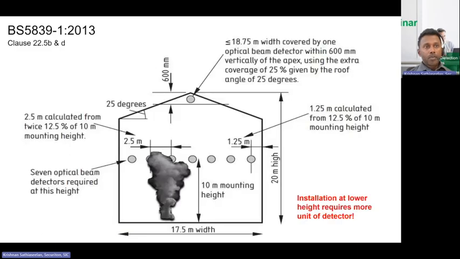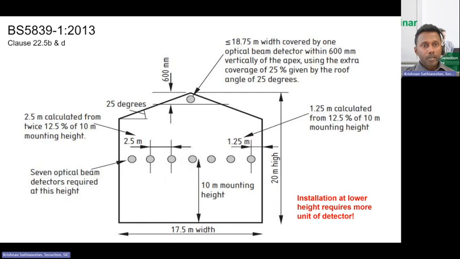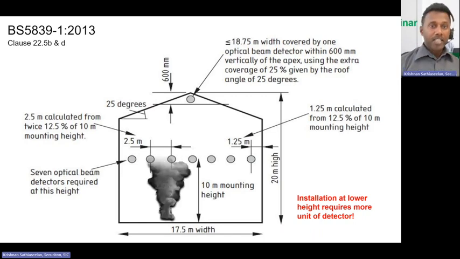Now, if you look into another clause from BS 5839, it also mentions how you install when you have insulation height to be considered. When you have installation at lower heights required for units of detectors, then this shall be used as a calculation, whereby they clearly mention the height that is 10 meters from the floor.